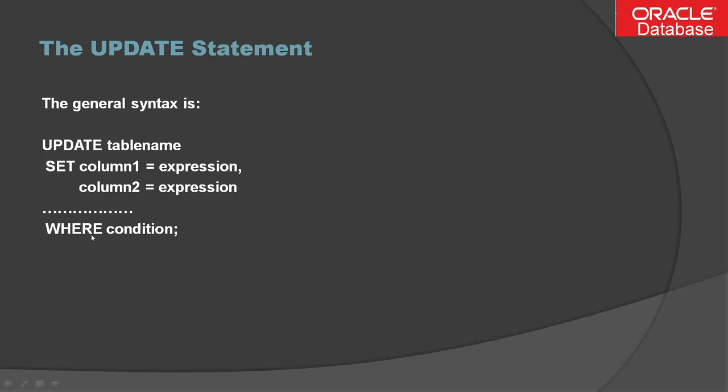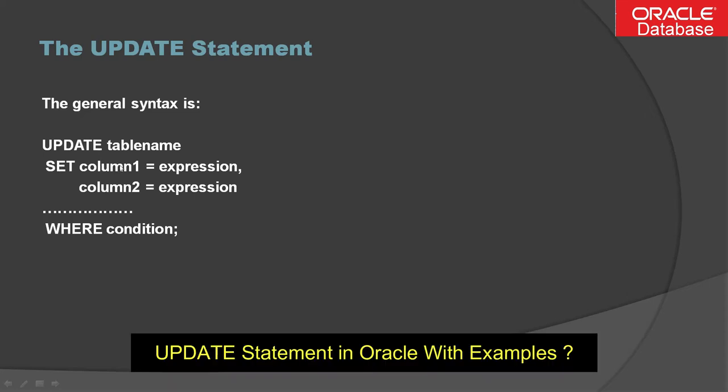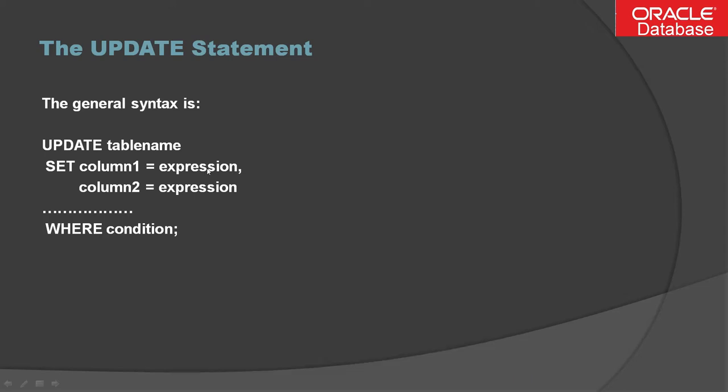Here you can see when we would like to update any column in any table, then we have to write update, which is the keyword, and then the table name, and then we have to use the set keyword. Then let's say I want to update the value for column 1, then column 1 equal to whatever value we'd like to update. Here you can call some column level function, and that will calculate some value, and with that value we would like to update column 1.